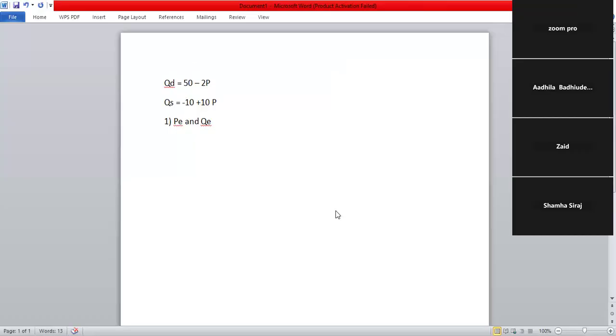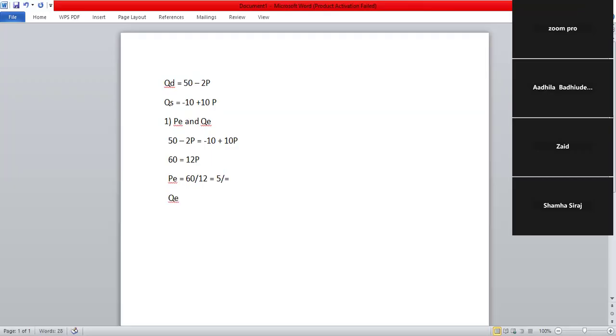Okay, so 50 minus 2P is equal to minus 10 plus 10P. Then 60 is equal to 12P. Equilibrium price: 60 divided by 12 is equal to 5. So it's 5 rupees, right?